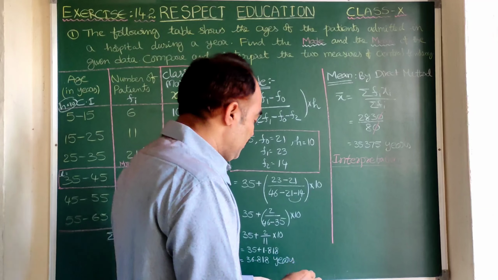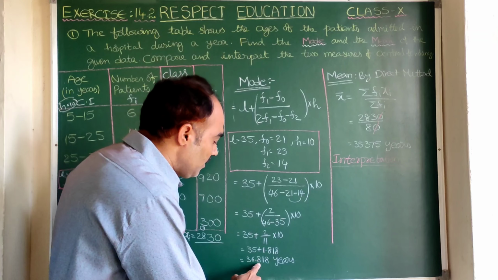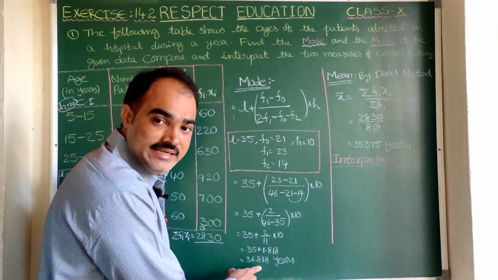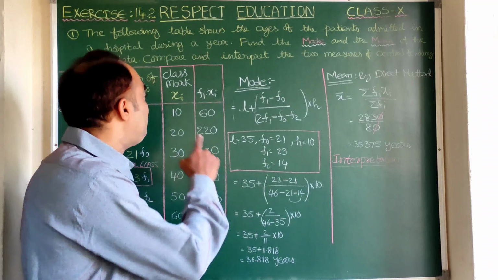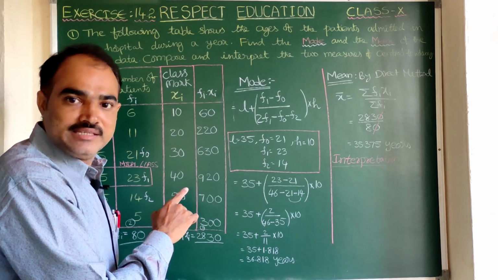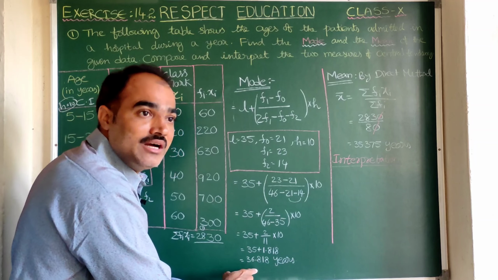Here you do understand that the value of the mode indicates the maximum age of the patients that have joined the hospital. Is it clear? This is the maximum age of the patients.